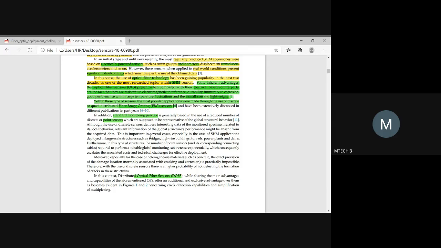Every building will have n number of floors, n number of rooms, flats, apartments, and if it is an office, n number of departments, a common wall, common areas and all. So you should have different locations where you drop these optical fiber sensors, right? So that has to be represented by means of a global structural behavior.